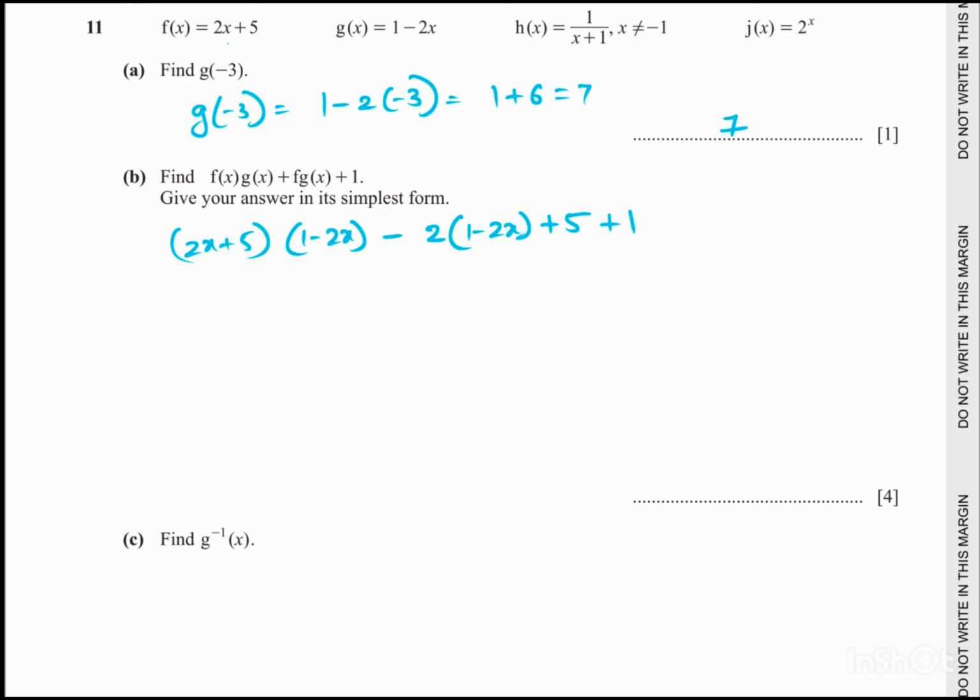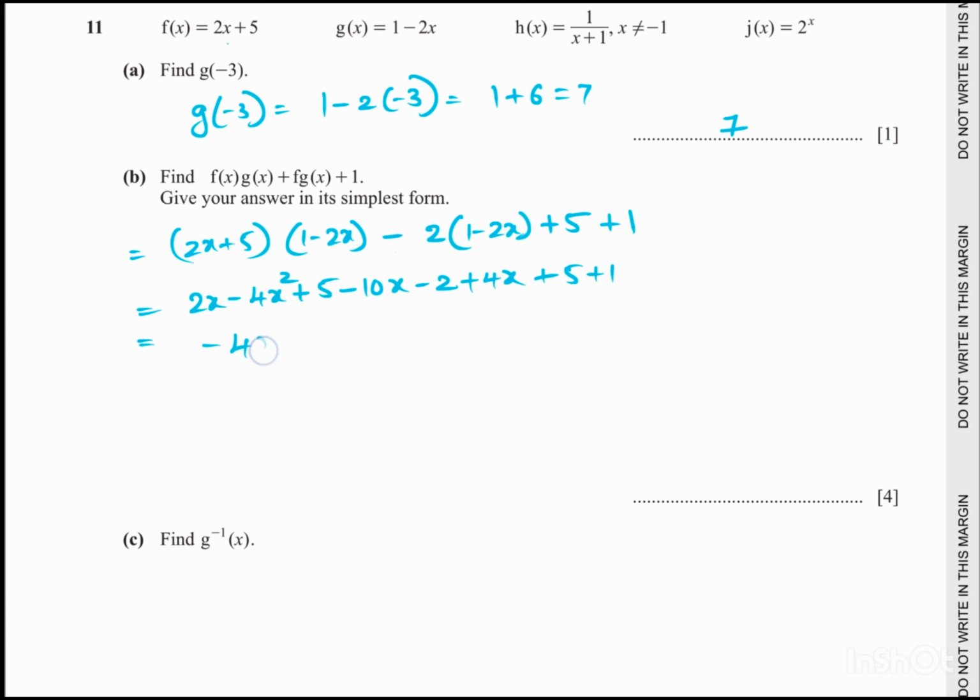Then at last plus 1 is given to us. So multiply: 2x into 1 is 2x, 2x into minus 2x is minus 4x squared, 5 into 1 is plus 5, 5 into minus 2x is minus 10x. Then minus 2 into 1 is minus 2, minus 2 into minus 2x is plus 4x, plus 5 plus 1.